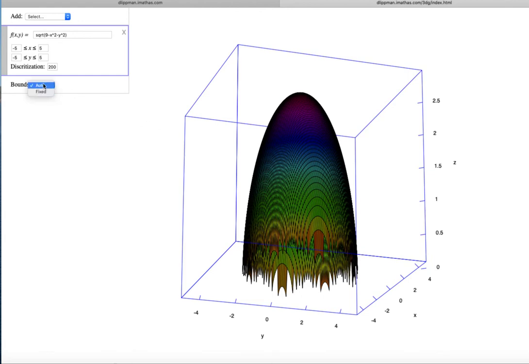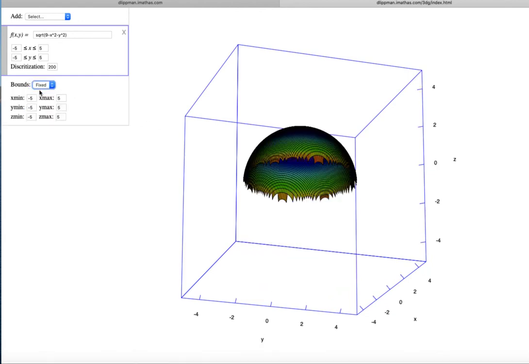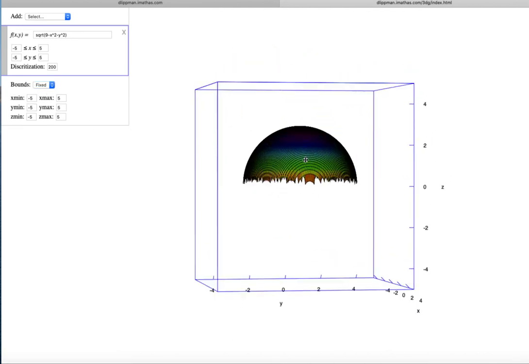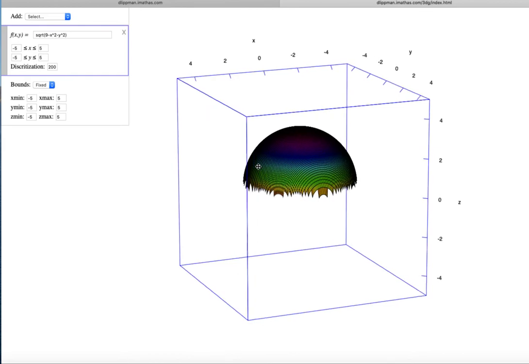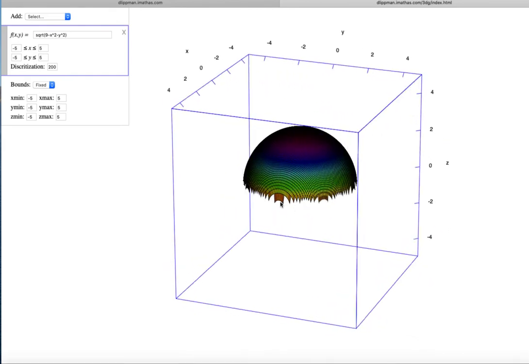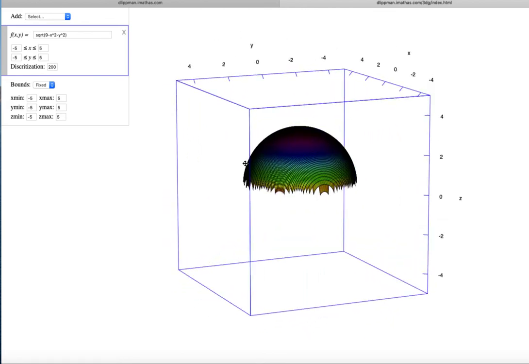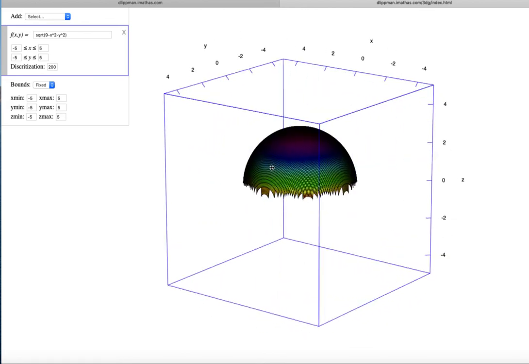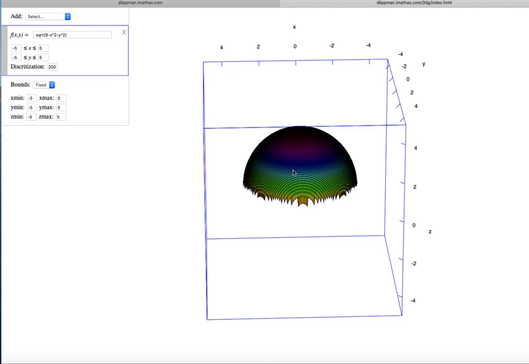So I'm going to go change my bounds from auto to fixed. And now they all go from -5 to 5, and now it looks in proportion. So now that actually looks like a sphere. And again, you've got this kind of cutoff, as it gets steeper and steeper, the accuracy gets a little bit less, but that's okay. We can still see that what we're getting there is the upper half of the sphere.